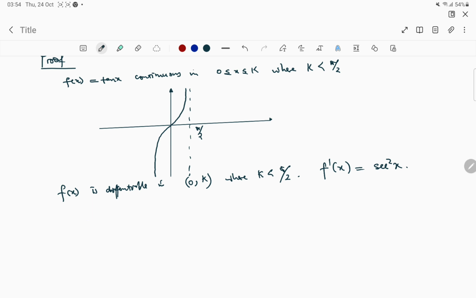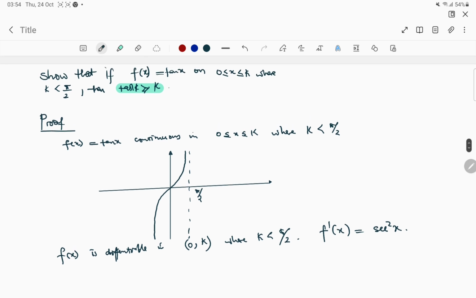Now, since we just want to prove this statement which we are given, tan k is greater than or equal to k, we can assume that the mean value theorem holds on this one.